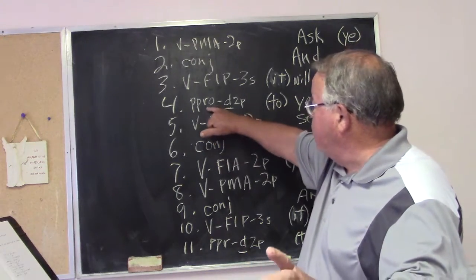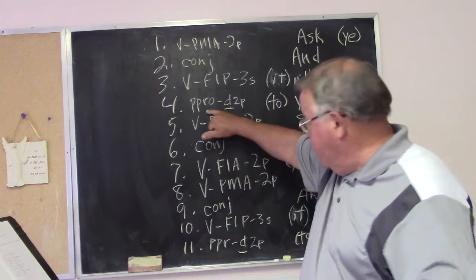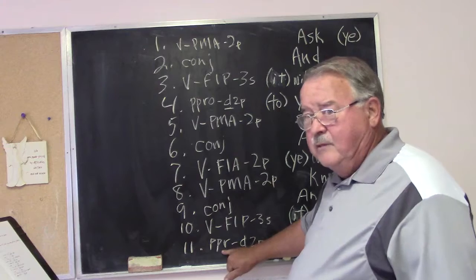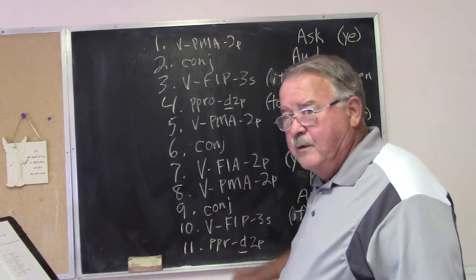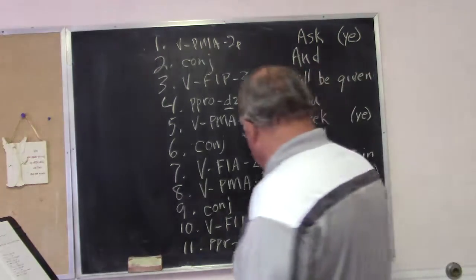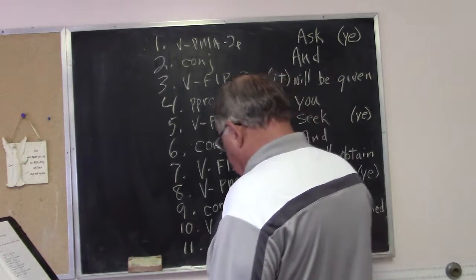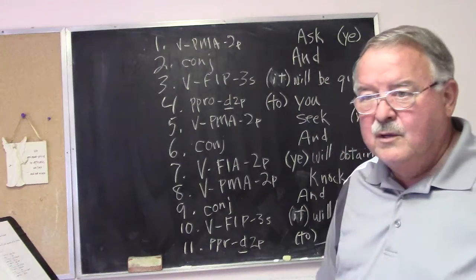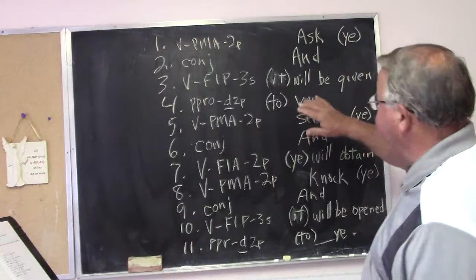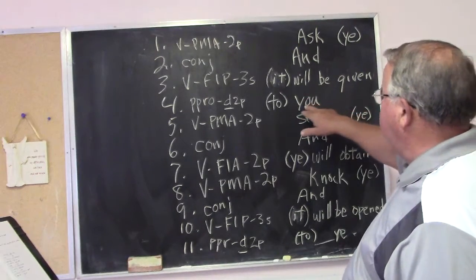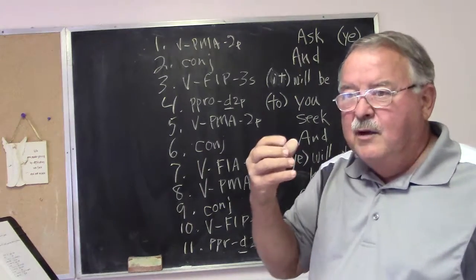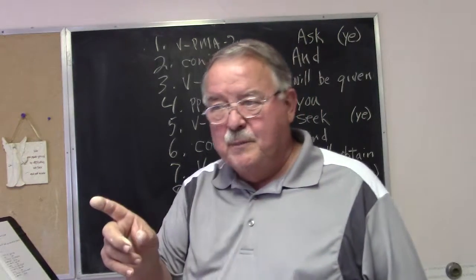The number 4 was a possessive pronoun? Yes. And down here on 11? Possessive pronoun, dative, second person plural. So that's a little extra information, because we just wrote it in as a pronoun. You. To.